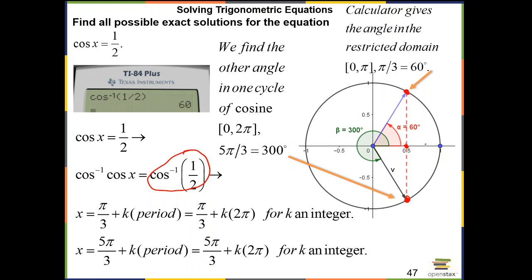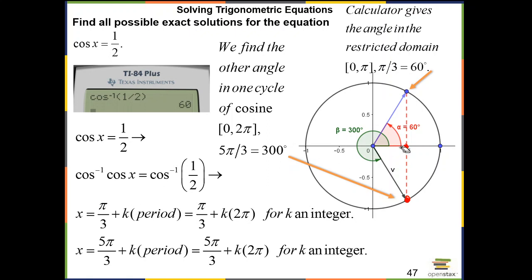From 0 to 2 pi, there are two angles that have cosine 1/2. One of them is this one, 60 degrees, which in radians is pi over 3.